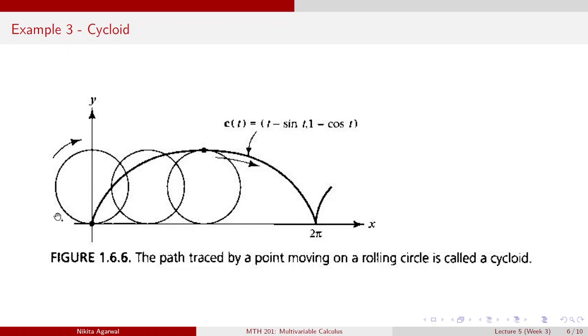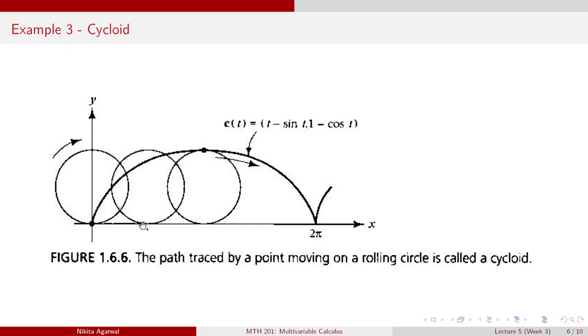What happens? So what happens is this point moves according to this curve, where the parameterization of this curve is given by t minus sin t comma 1 minus cosine t. One can prove this, and it's possible that you have proved it in your physics courses.